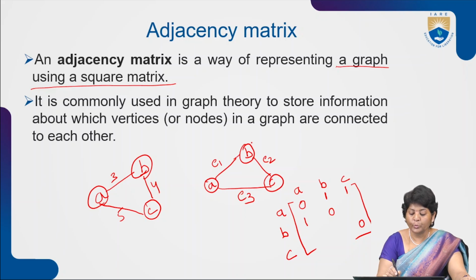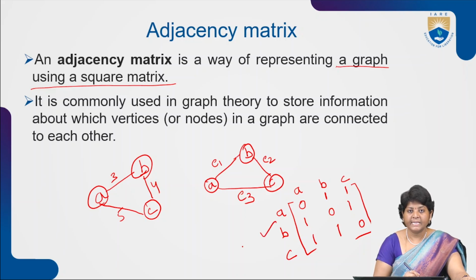There is no loop. Loop means the starting and ending vertex are the same, that is B, and here again it comes back to B. So this is a loop. Since we don't have any loop, we will represent 0. And B to C connection is there, 1. Similarly, C to A connection is there, and C to B connection is also there.